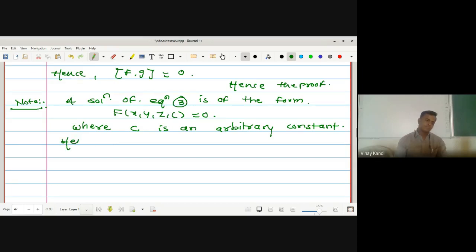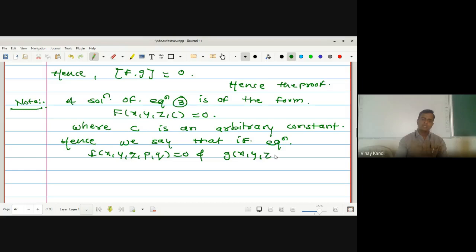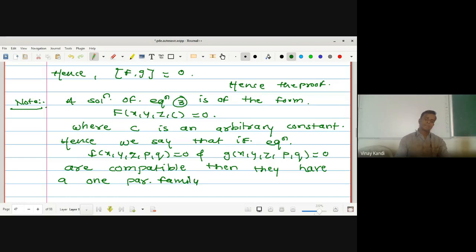Hence we say that if f, a function of x, y, z, p, q, that is a first order partial differential equation, is equal to 0, and g of x, y, z, small p and small q, that is a first order partial differential equation, is equal to 0, are compatible, then they have a one parameter family of common solution. So this is the proof of the theorem.